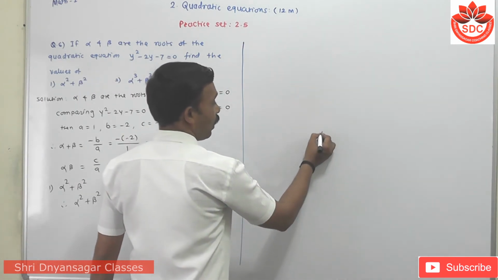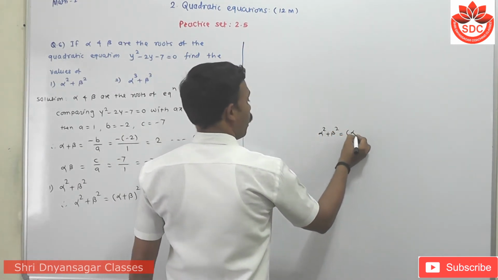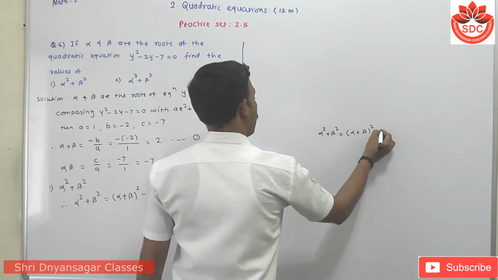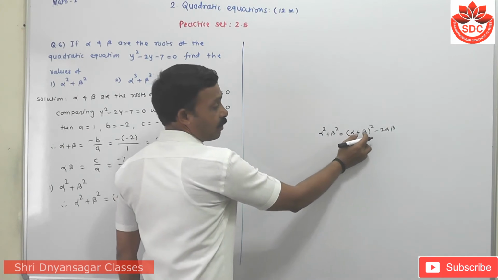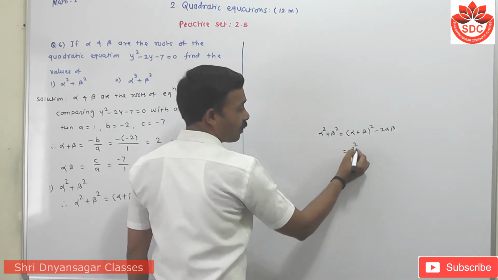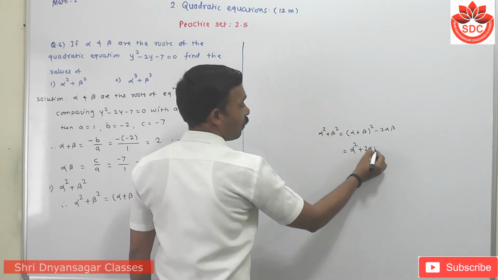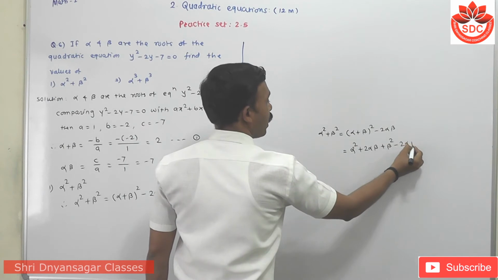I have taken alpha square plus beta square is equal to alpha plus beta bracket square minus twice alpha beta. Now this is the identity (a plus b) bracket square. By using this identity, we get alpha square plus twice alpha into beta plus beta square minus twice alpha beta.